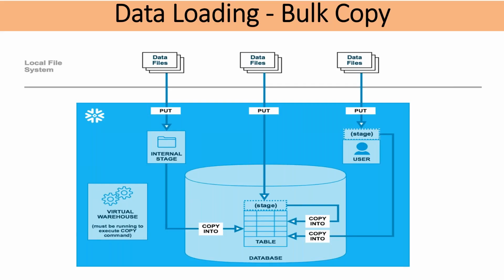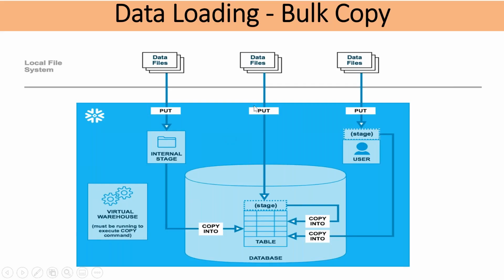That is a user-created stage. The user will be creating this particular stage. The other two are system-given stages. One is a table stage. Each table has a stage by itself. You can load the data into a table stage, and from there you can load it into a table.